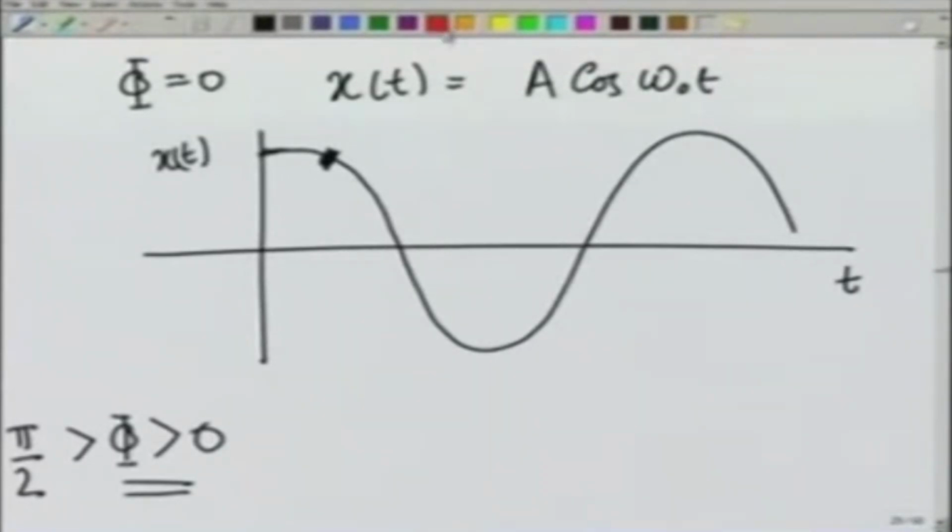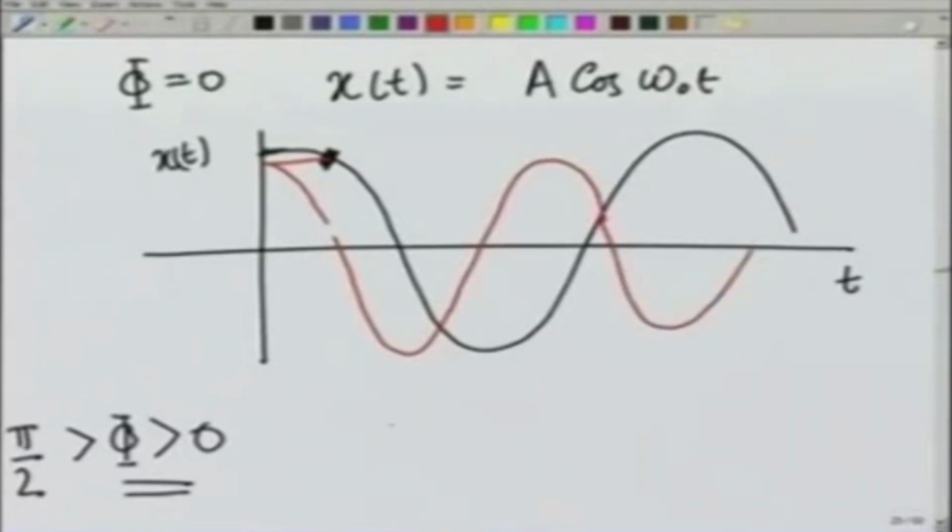And in that case, therefore, the motion starts something like from this point, like this. This is a case of phi being greater than 0, but less than pi by 2.